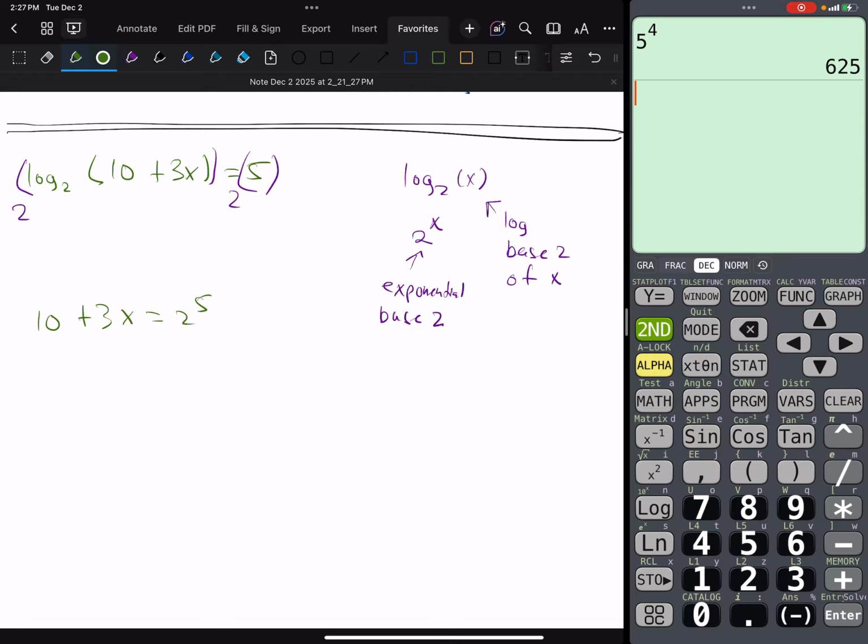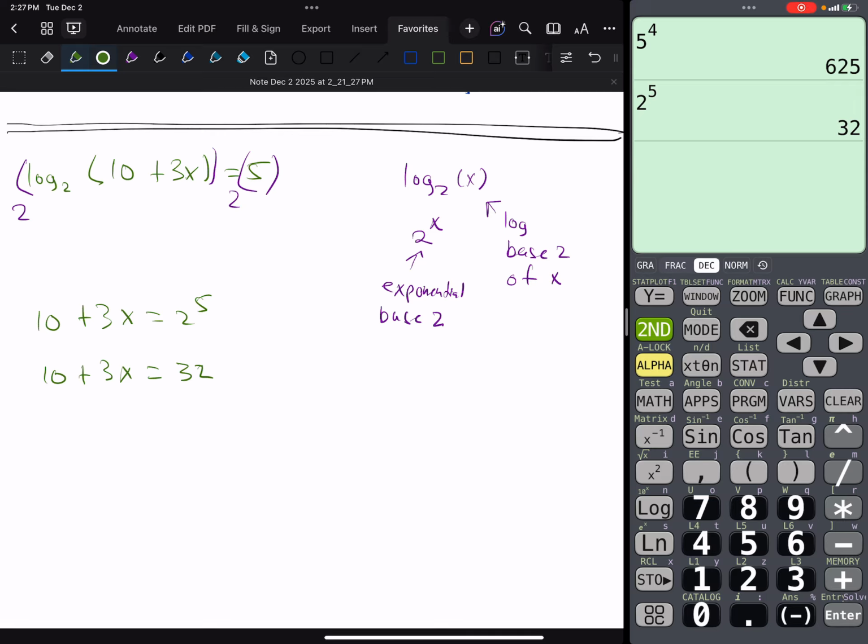Okay. That I ought to be able to solve. 2 to the 4th is 16, so 2 to the 5th is going to be 32. Double check myself on that, but 2 to the 5th should be 32. And so what am I going to have? I'm going to have 10 plus 3x equals 32.